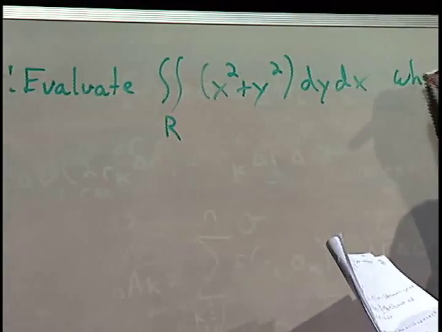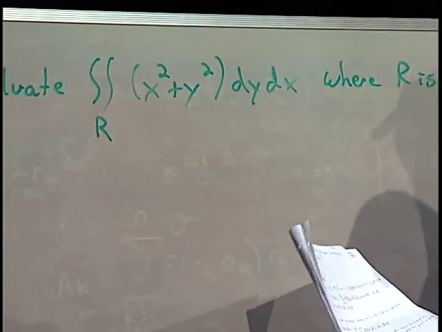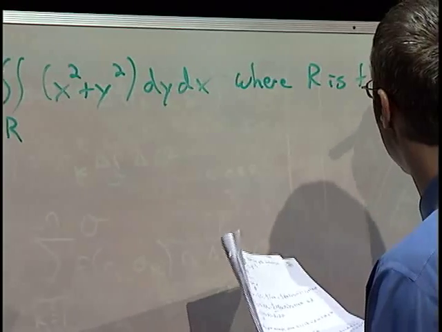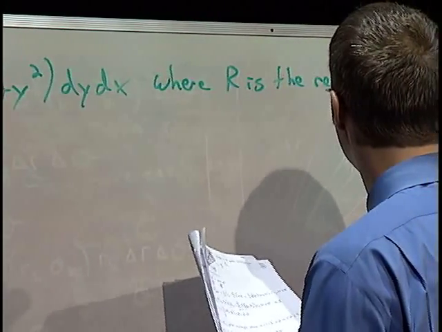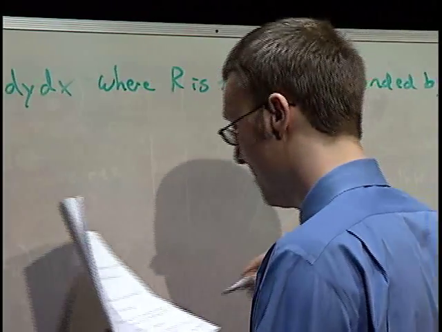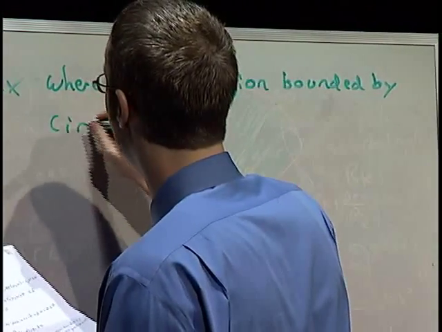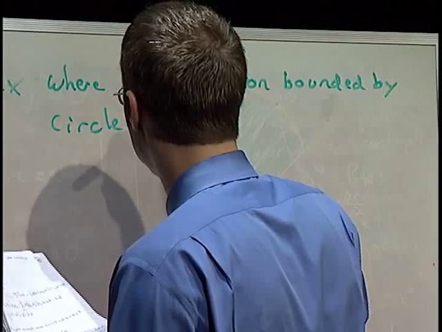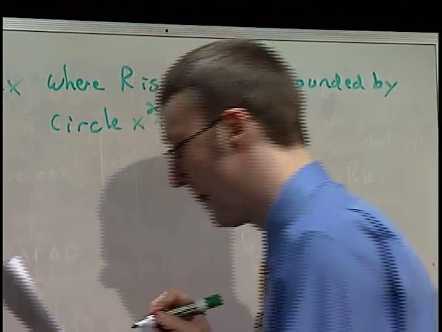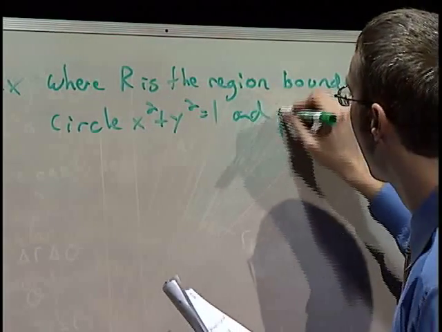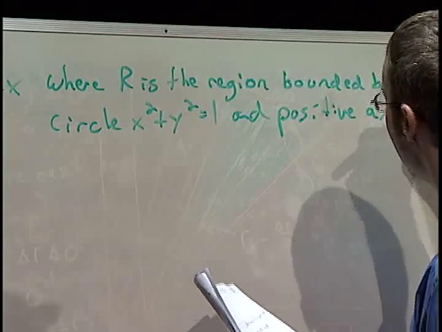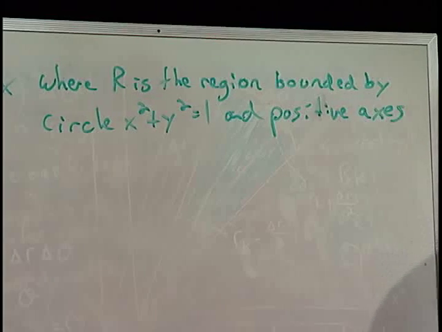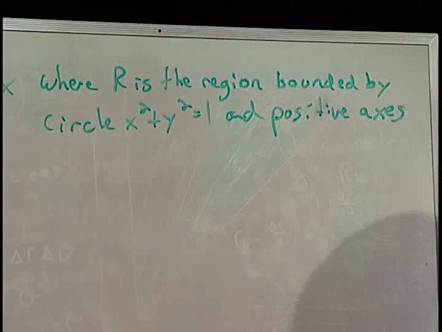And let's let R be the region bounded by the unit circle and the positive axes. So I want the section of the unit circle in quadrant 1, essentially.